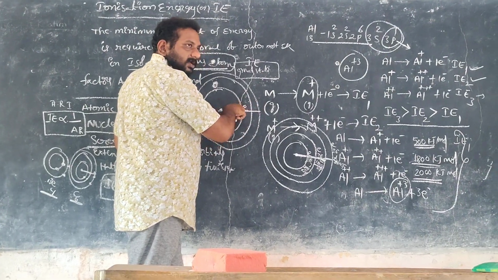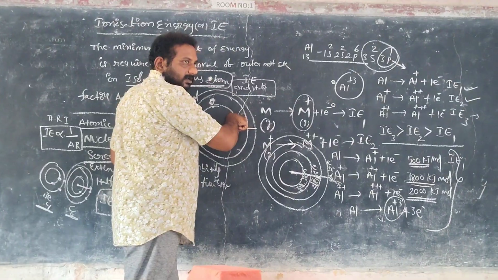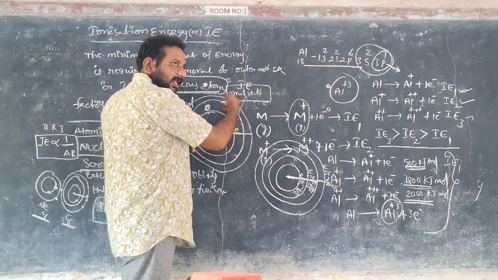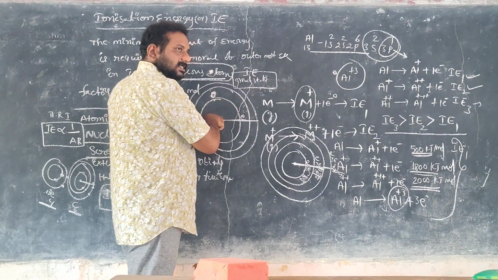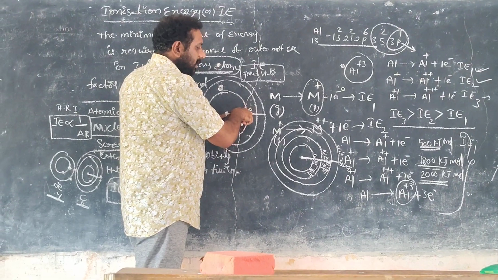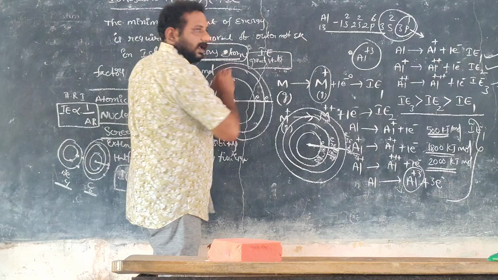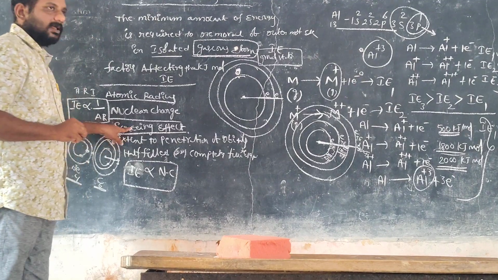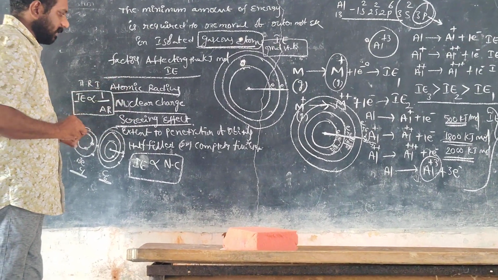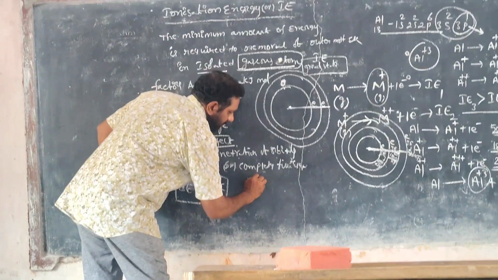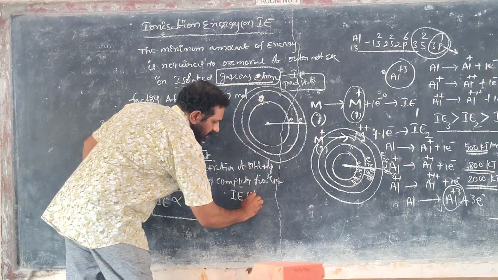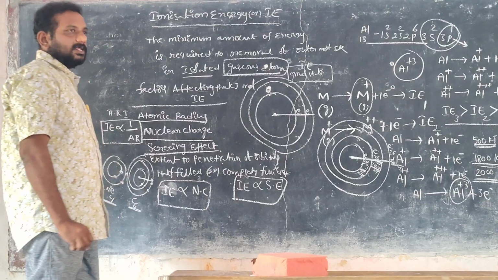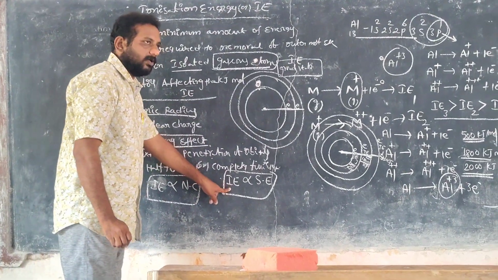The electrons present in the inner orbits act as a screen that reduces the nucleus attraction on the outermost electron. This is called the screening effect. When the screening effect increases, the ionization energy also increases.